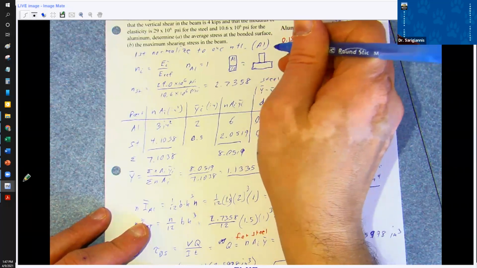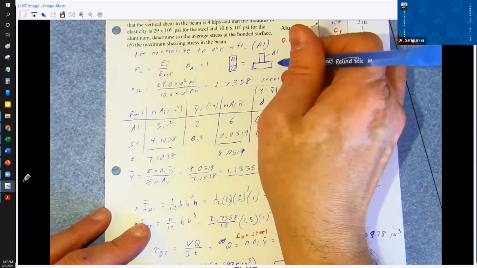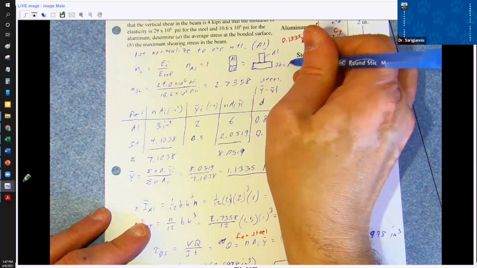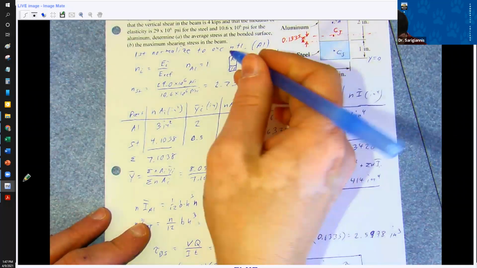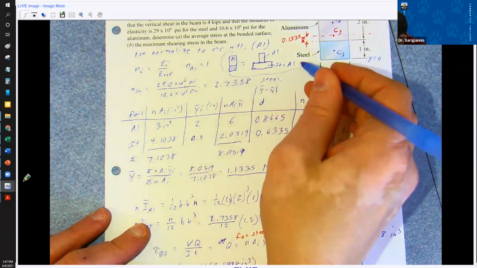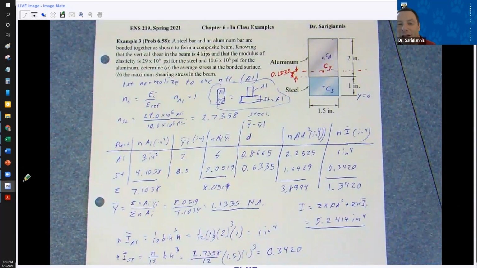That's all aluminum. So aluminum, steel equals aluminum. Let's put a little cloud around that. I didn't really have another place to put that, but this is what you're doing when you're bonding two materials like this of different moduli, right?